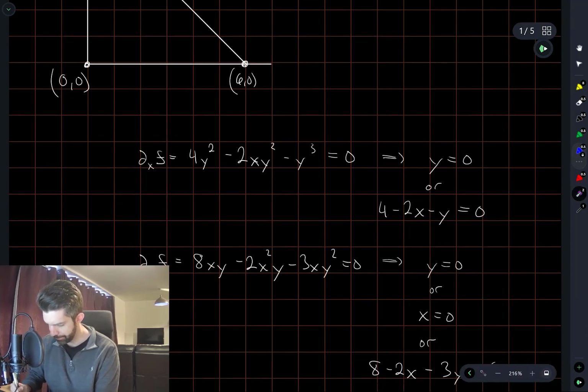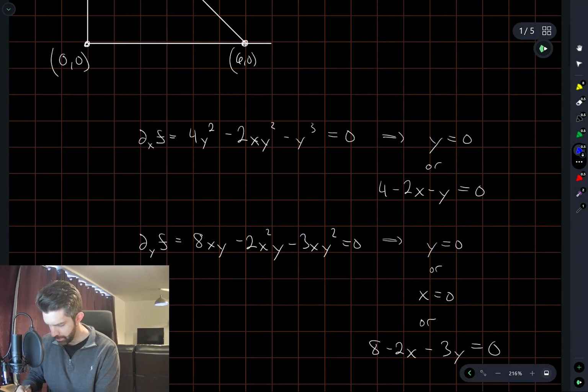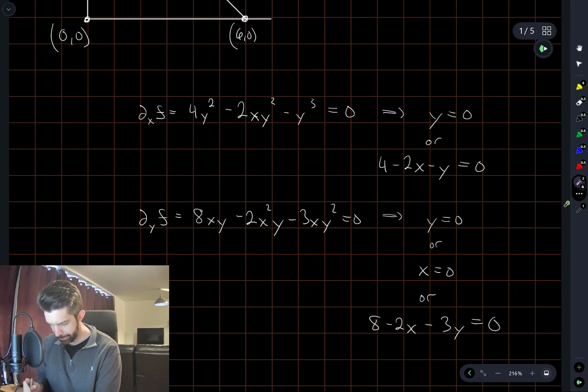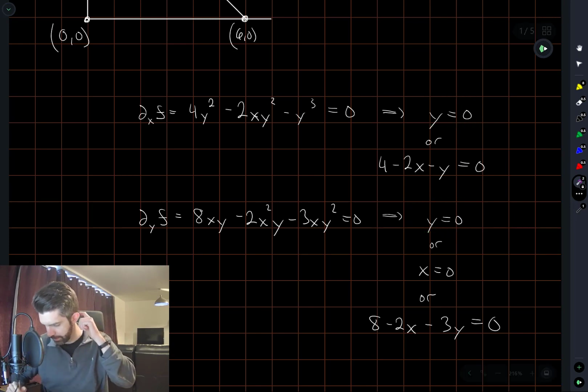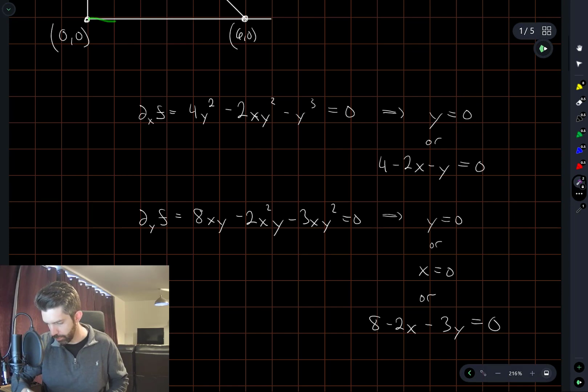Okay, so both of these partial derivatives are 0 along the horizontal axis when y is equal to 0 here.